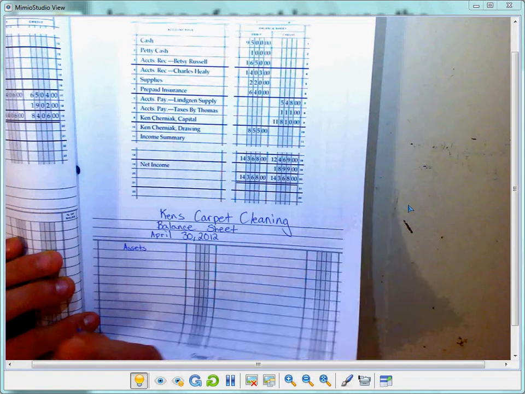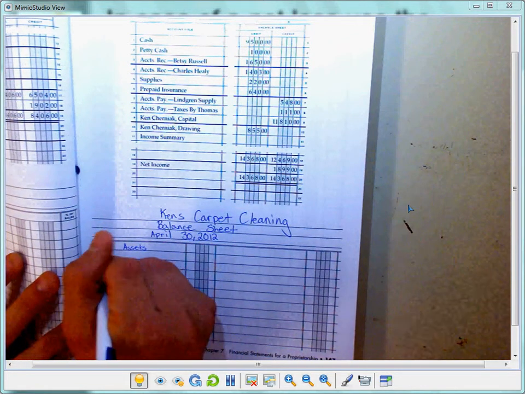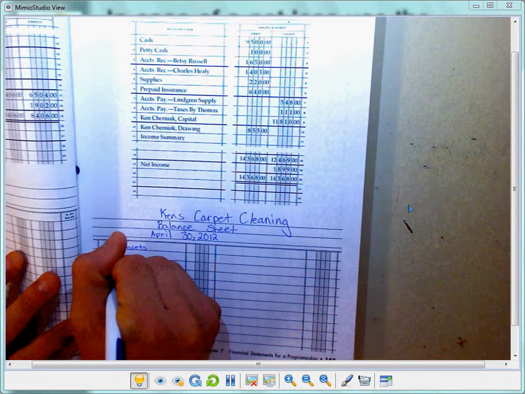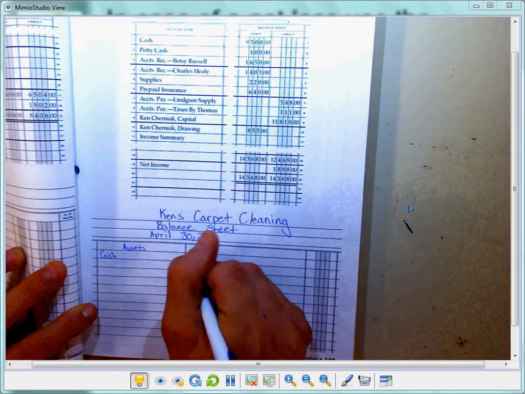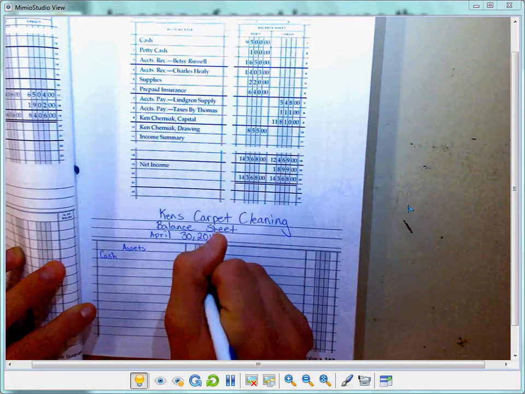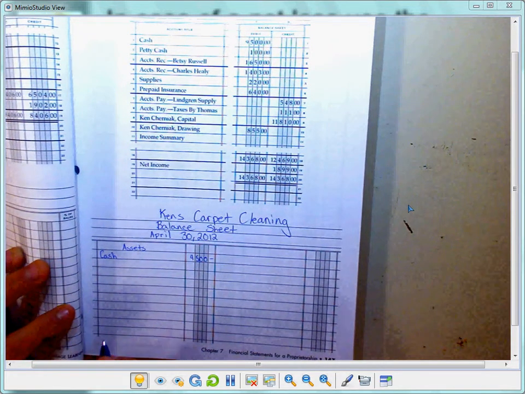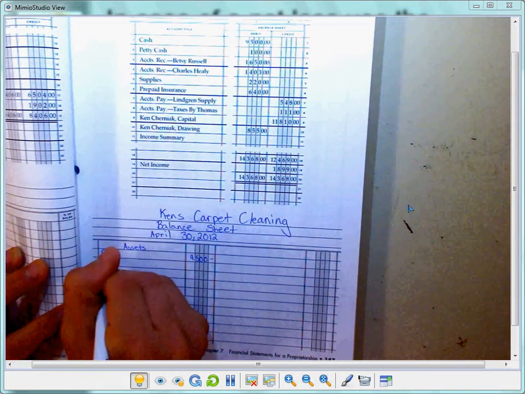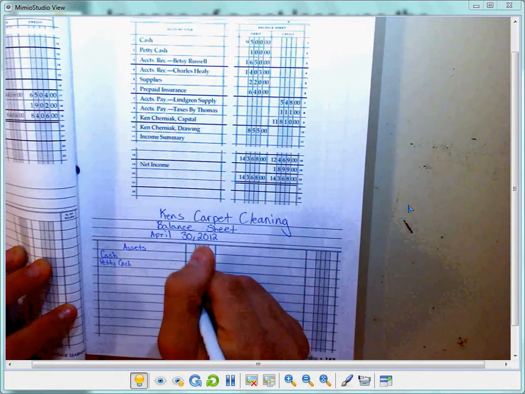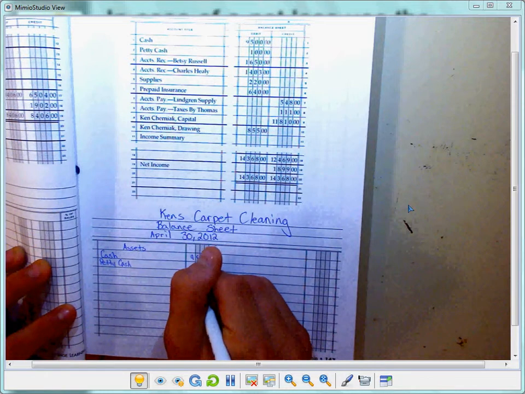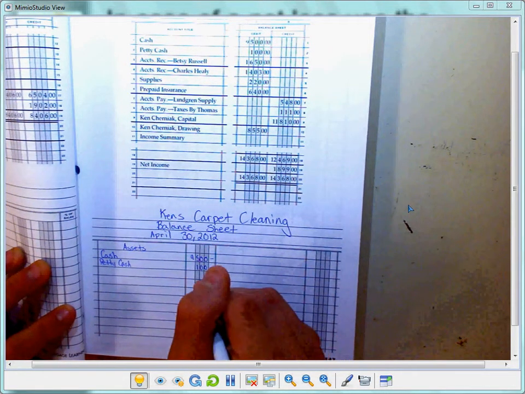Our first one, not indented, everything's just off the left, is cash, $9,500. Next line, petty cash, $100. We're just looking at the amounts up above, bringing that same amount down.